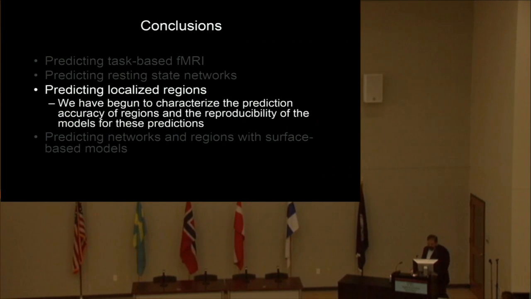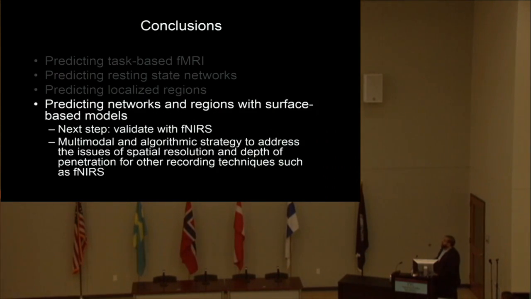For predicting localized regions, we've begun to characterize the prediction accuracy and reproducibility of these regions, and I think we have more work to do, and I think that there's some promising underlying principles there that we should be looking at further. And then in terms of this latest idea of looking at surface-based regions, obviously the next step is that we're moving towards validating these findings with fNIRS.